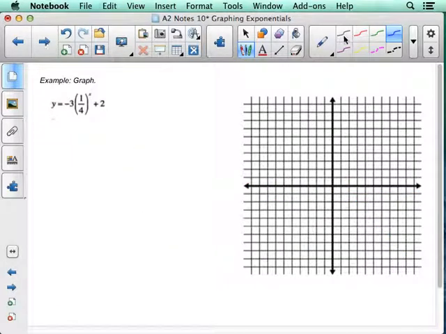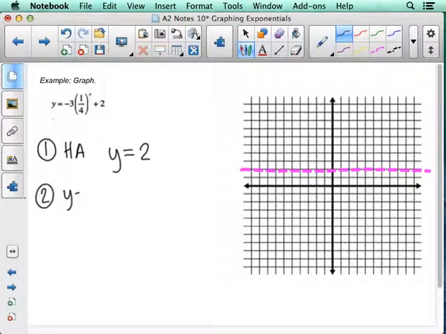Okay, another example here. So first, find your horizontal asymptote. My horizontal asymptote is this c value. It's been shifted up 2 spaces. So my horizontal asymptote is y equals 2. So I'm going to draw that horizontal line in. Step 2, I want to find my y-intercept. So I'm going to make x equals 0.